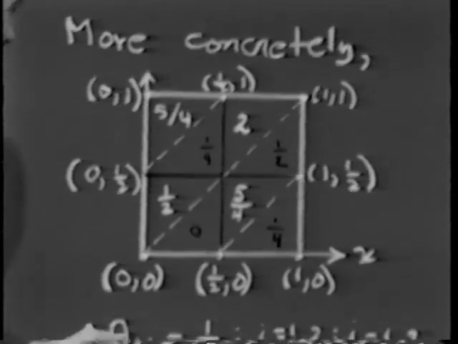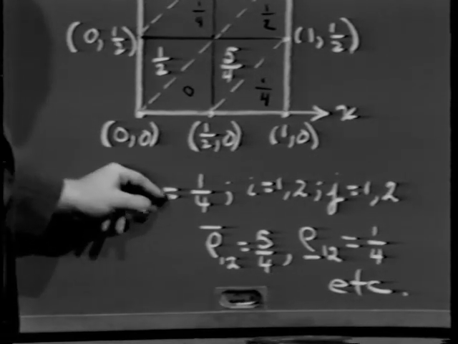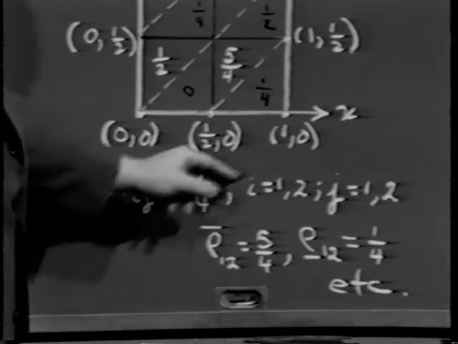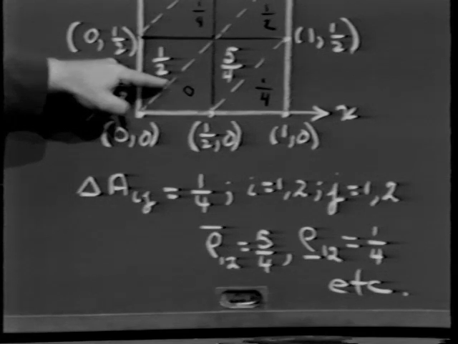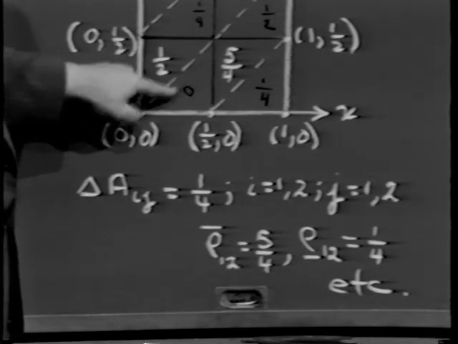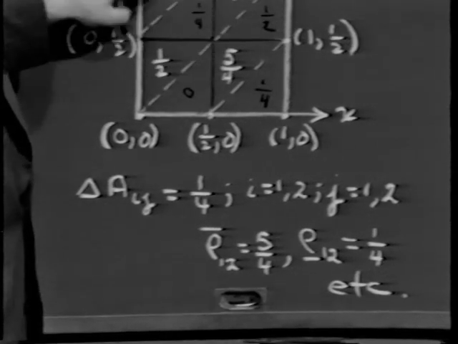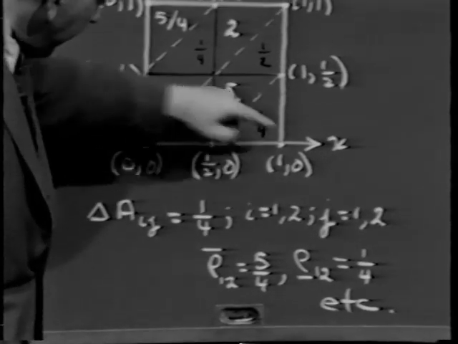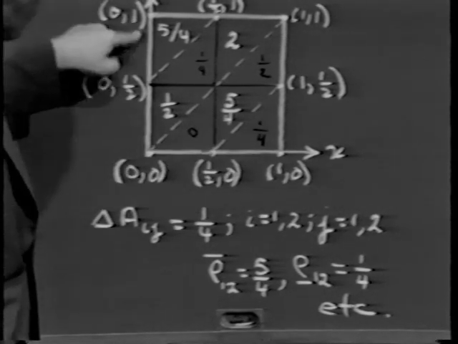Just so that you get an idea of what this notation means, notice that delta A sub ij in this case is 1/4, for i equals 1, 2, and j equals 1 and 2. In other words, our four elements of area are A sub 1,1, A sub 1,2, A sub 2,1, A sub 2,2, where if you want to do these in order, just let i be 1 and 2 here, j be 1 and 2 here.